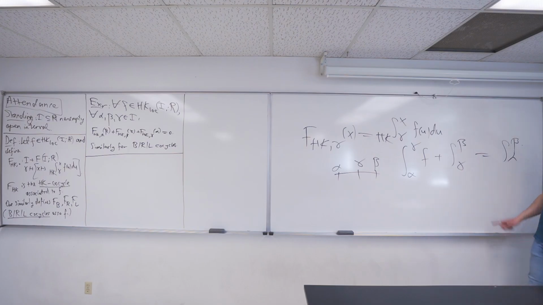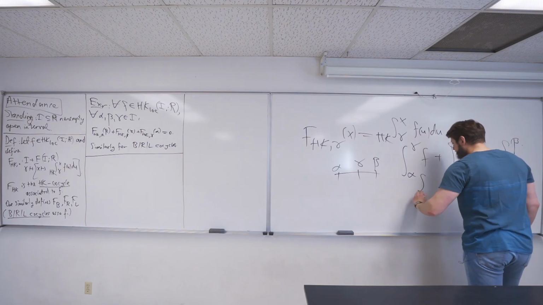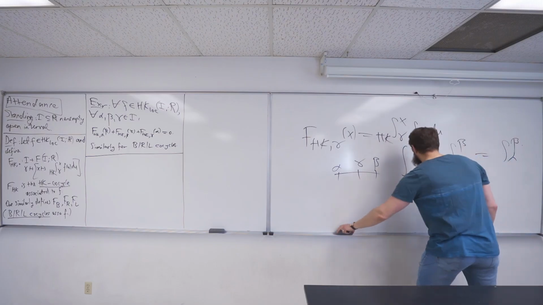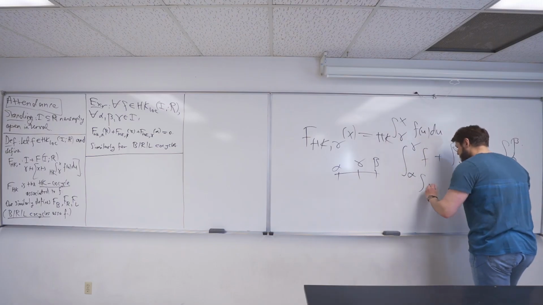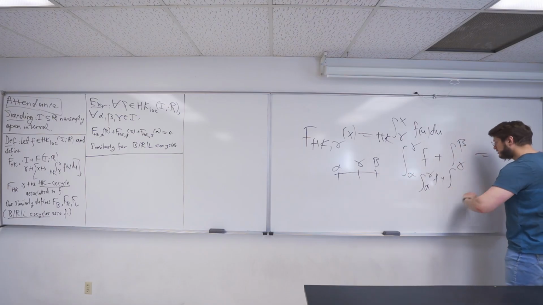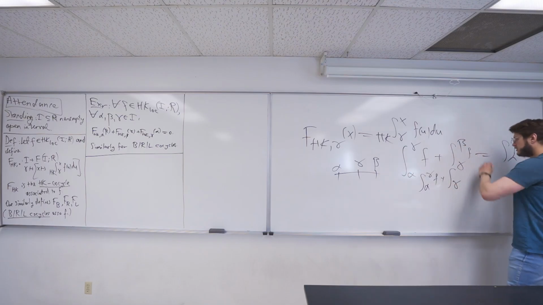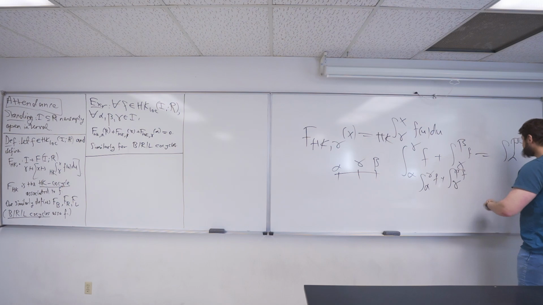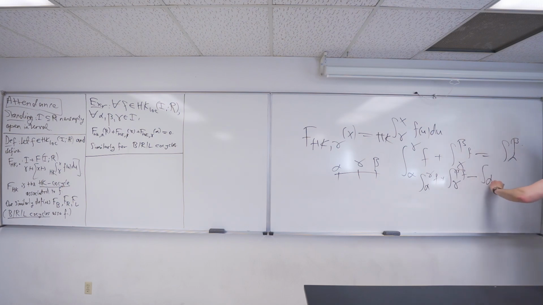So, for instance, if you were to send this to the other side, this is integral from alpha to gamma of f plus integral from gamma to beta of f, and minus integral from alpha to beta of f.